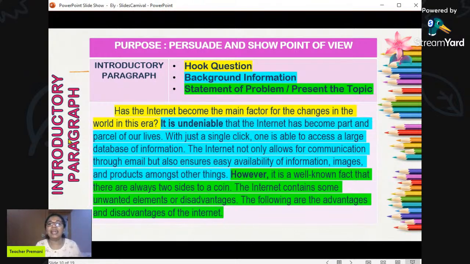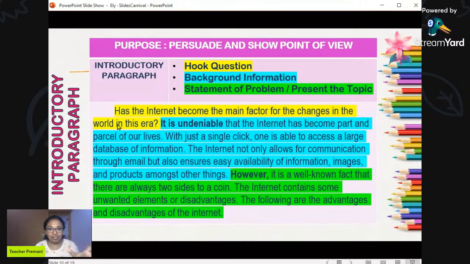You'll still get marks, but not good marks. For those low proficiency students who don't feel confident to create your own sentence, you can come up with, "Has the internet become the main factor for the changes in the world?" Full stop. Because the changes in the world is from the question. So definitely you're taking it from the question, but make it a question.